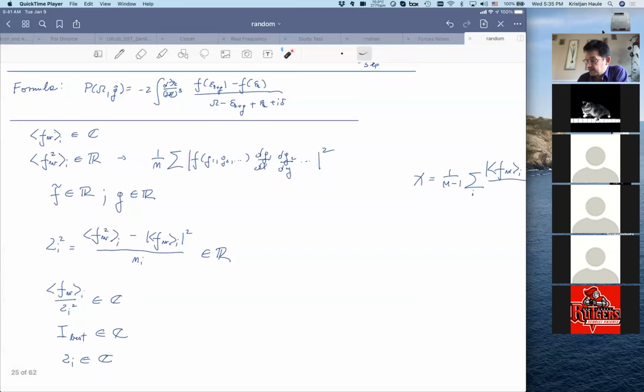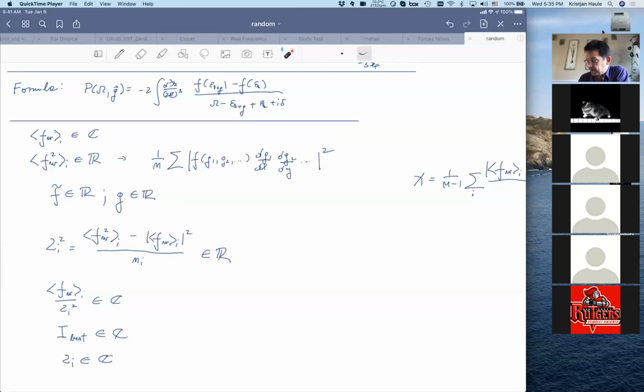Finally, the sigma square is going to be generalized. It's going to be kept real, and the way to do it is, of course, taking f squared real minus the average value of f absolute value square, isn't it? So we take the absolute value to generalize it, and again it's going to be real.